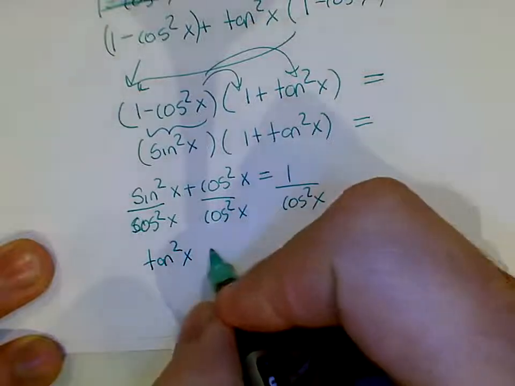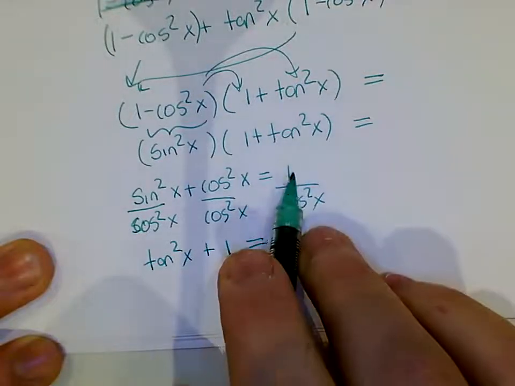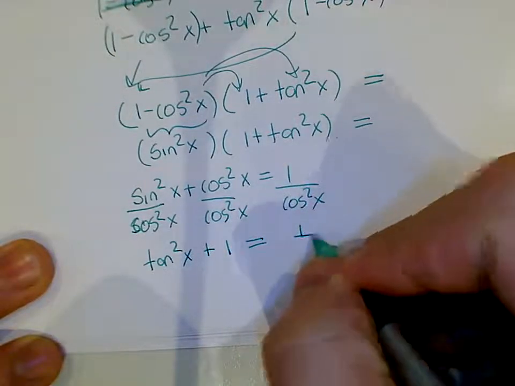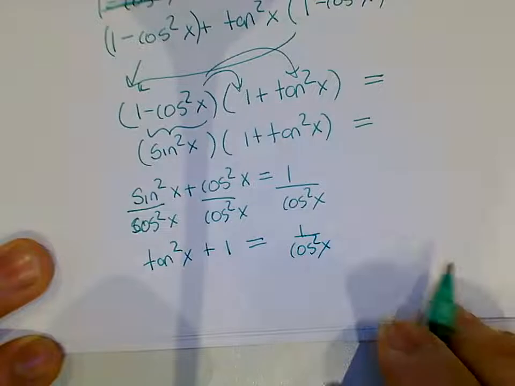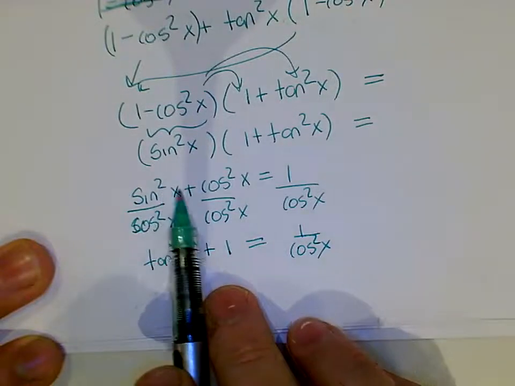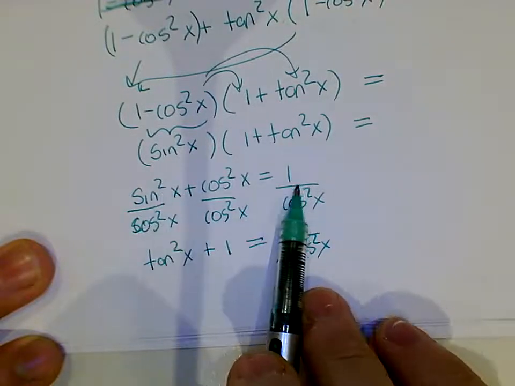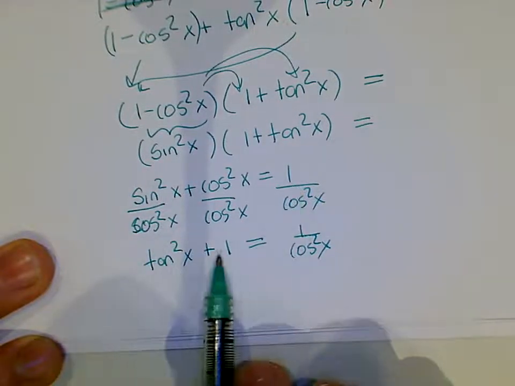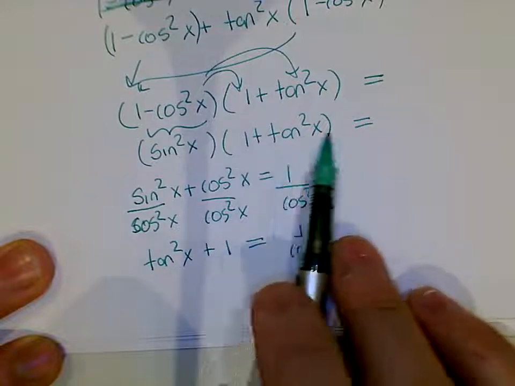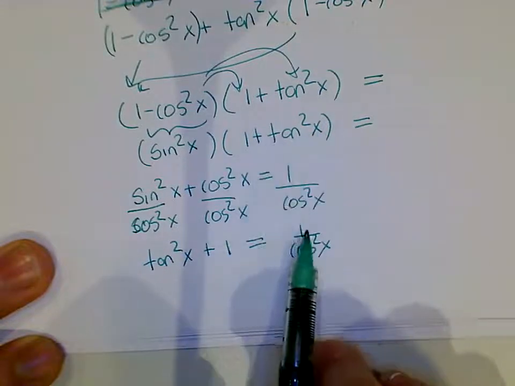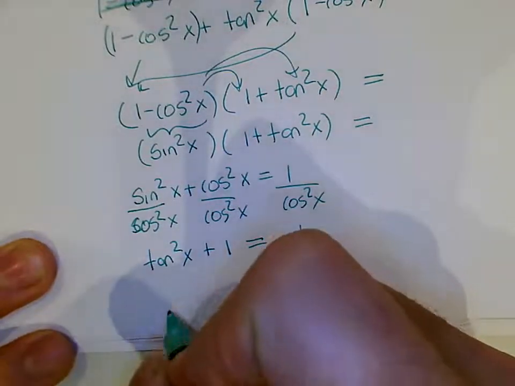Cos squared x over cos squared x is 1. And over here, I have 1 over cos squared x. So I've taken my basic Pythagorean identity, manipulated it, and now I have an expression for tan squared x plus 1 over here. So all of this can just be replaced by 1 over cos squared x.